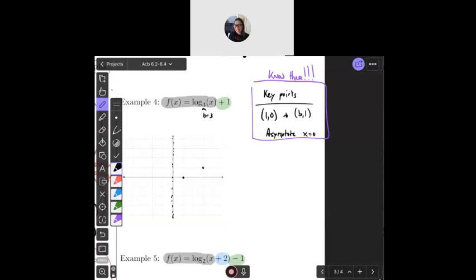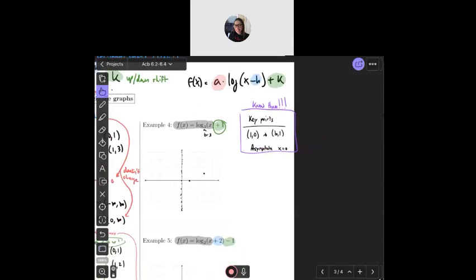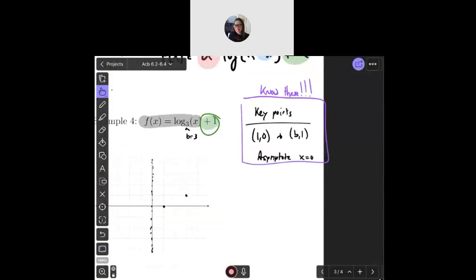And what are we doing? That's outside of the function, right? It's not in the parentheses, it's after. So pay attention to that: inside the function versus outside of the function. It's not being logged. So that's up 1. Well, if I take that vertical line and I shove it up 1, am I changing it?